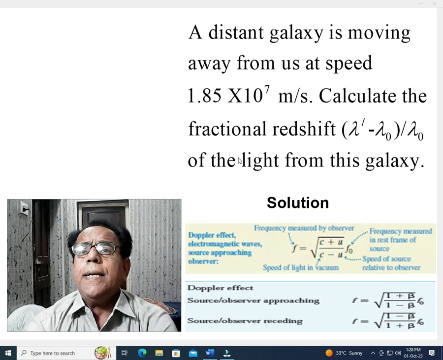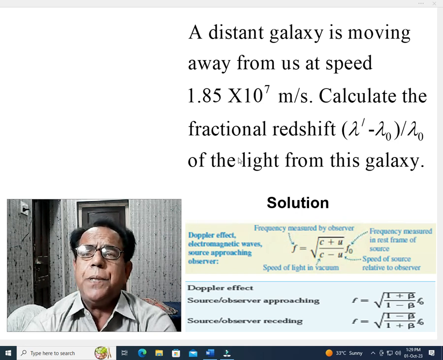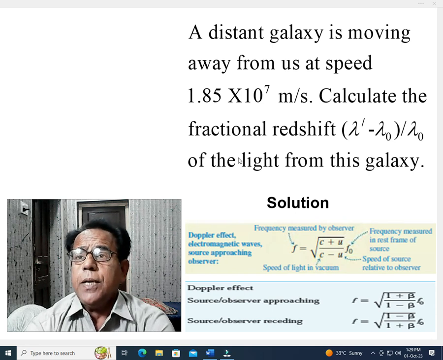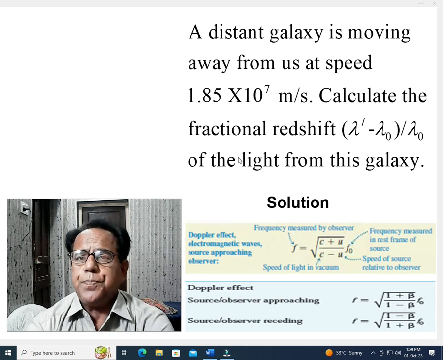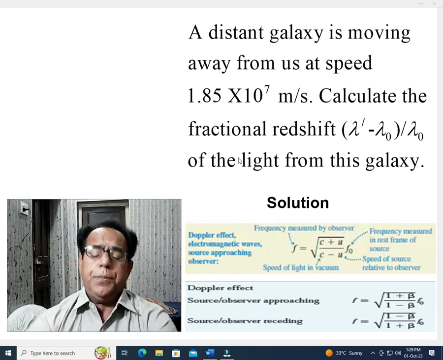A distant galaxy is moving away from us at speed 1.85 × 10^7 meter per second. Calculate the fractional redshift (λ' − λ₀)/λ₀ of the light from this galaxy.